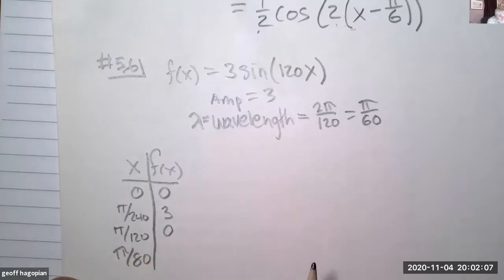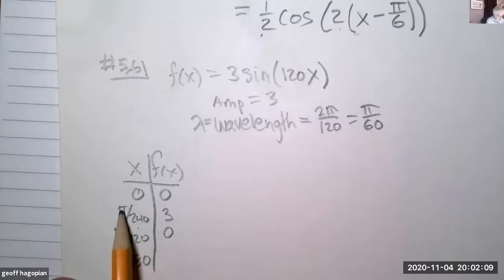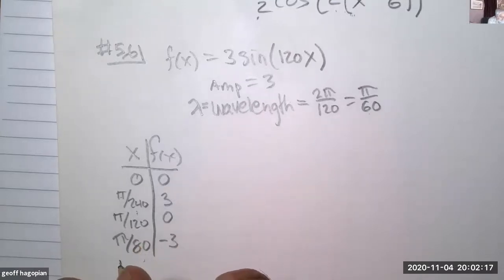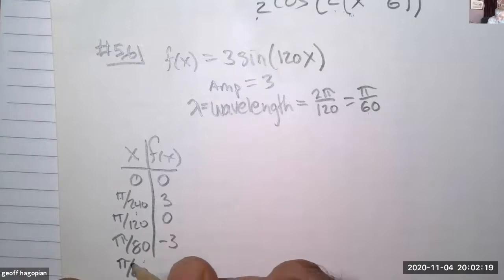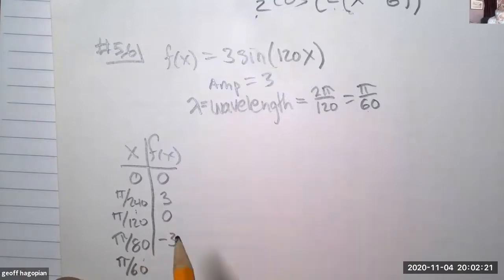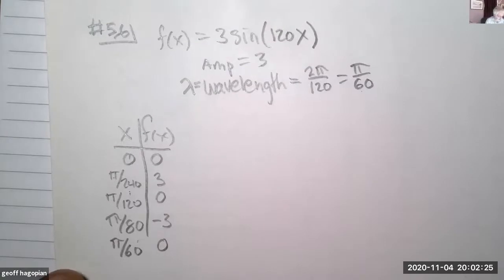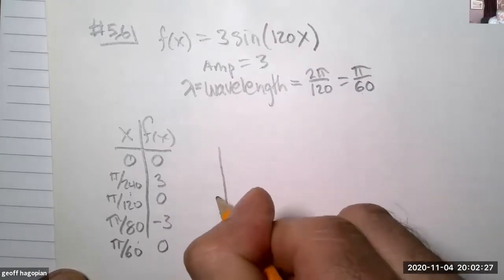Right? So one quarter is pi over 240. I just multiply that by 3 to get three quarters. And then we'll be at the trough. And a whole wavelength will get us to pi over 60, and that's back to equilibrium, right? So we can graph this easily then, right?